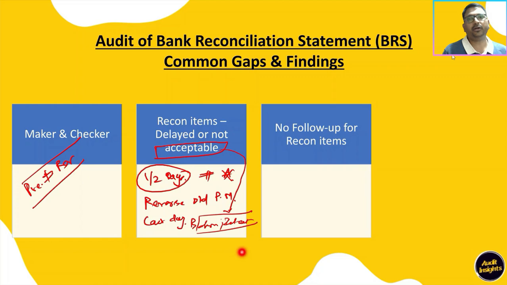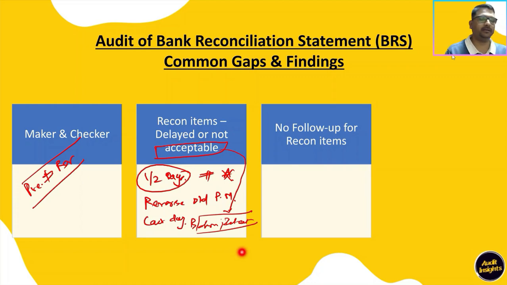And the third important finding that we generally see is that there is no follow-up for the recon items. It's just done for one month and then left, and they are not looking at rectifying those reconciliation items or passing the relevant accounting entries for them, which would be a huge problem.